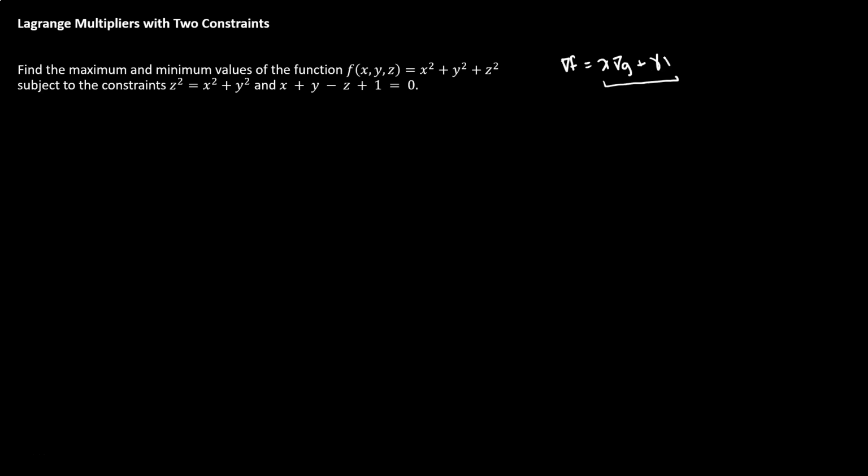So we'll have gamma times gradient h. We'll have two constraints, g and h, and each one gets its own Lagrange multiplier.